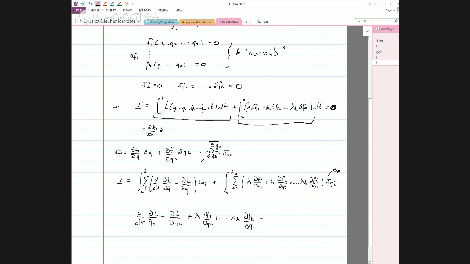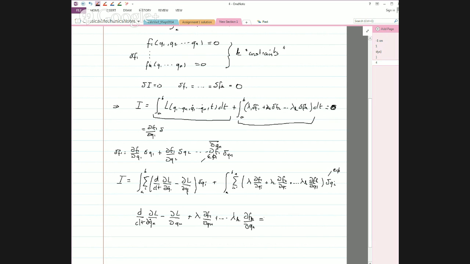So I choose the last term of the sum, right? So it's an integral of sum, so it's a sum of integrals. And I choose the last term, so the nth term will be d/dt of ∂L/∂qn dot, minus ∂L/∂qn plus lambda 1 ∂f1/∂qn plus etc., lambda k ∂fk/∂qn. All right.